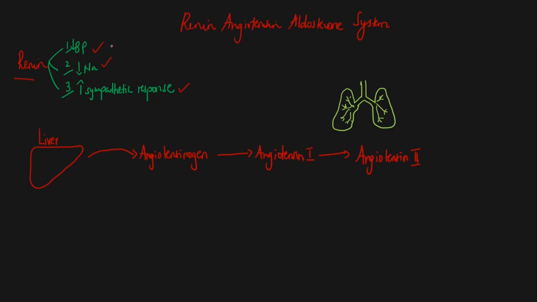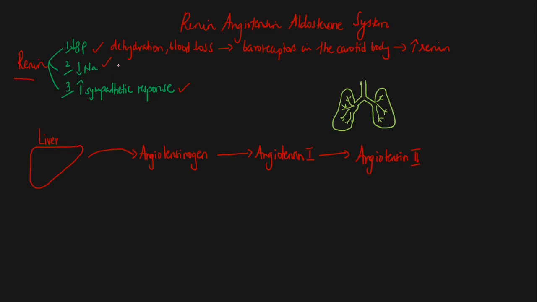So low blood pressure can be as a result of, say, dehydration, or blood loss. Dehydration or blood loss will lead to a low blood pressure, thereby stimulating the baroreceptors in the carotid sinus, and this will eventually cause release of renin into the blood.